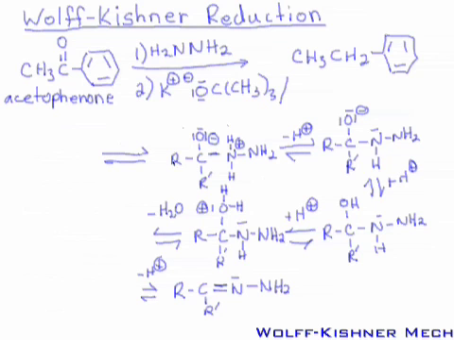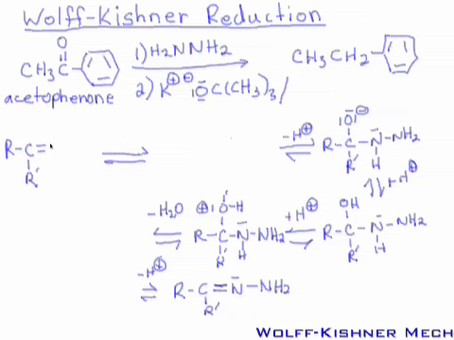And what do we have? We're going to have some kind of base reacting with the hydrazone. In our case, we've used two tert-butoxides. So I'm going to draw R, C, R prime, double bond N, and H2. Put in the lone pairs. There we are. That's a hydrazone.